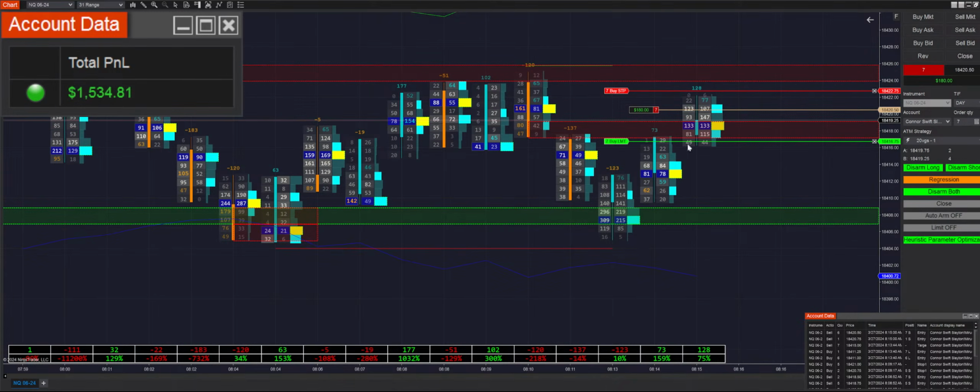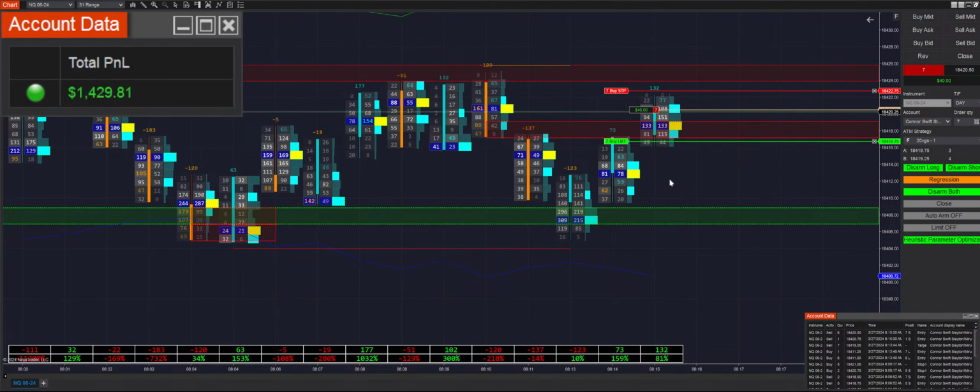We almost got stomped out there, and then consecutively after that, we almost won that trade. But we can see if we can win this one.